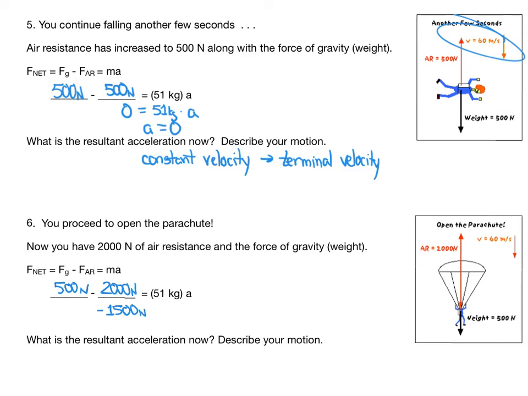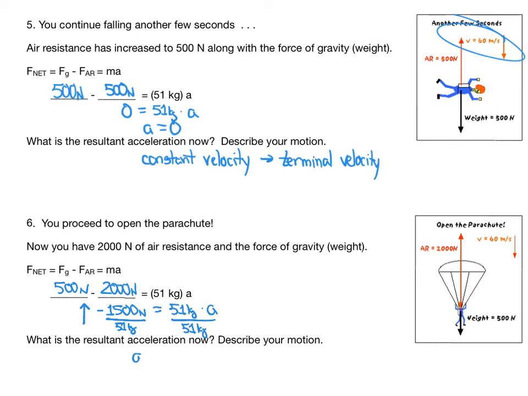But this negative sign just means upwards, okay? So we're going to have an acceleration rate going upwards now. And so again, if we divide both sides by 51 to get acceleration all by itself, that's going to be about 10, I think, everyone. 1,500? No, I lied. 29.